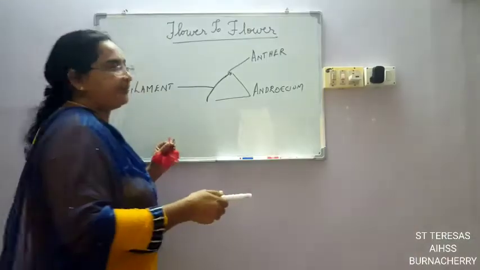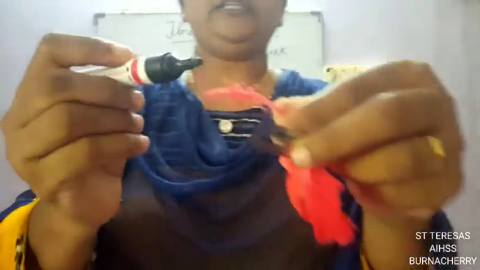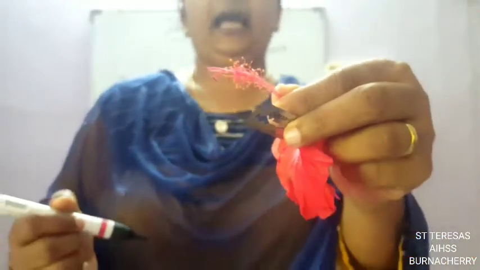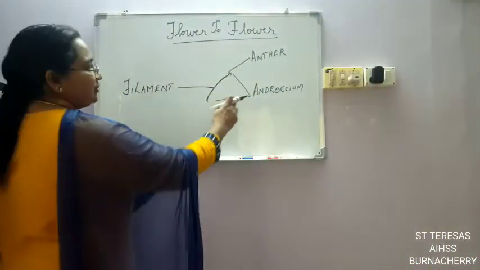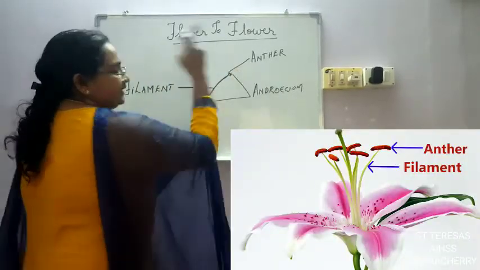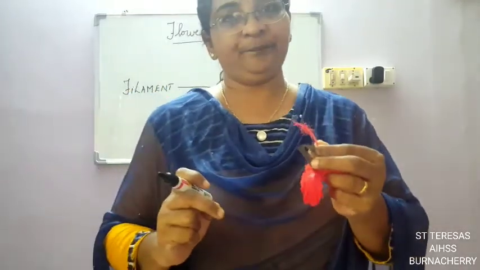What is it? The hair-like portion, this hair is the filament, and this powder on top is the anther. So Androecium has got 2 parts. What is it? Filament and anther. So is it very clear about the Androecium?